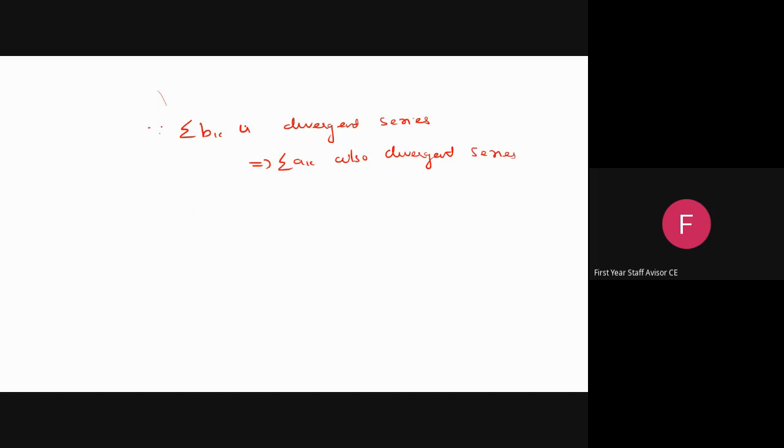By the limit comparison test, if b_k is divergent, then automatically both series diverge together. If b_k is divergent, then a_k is divergent.